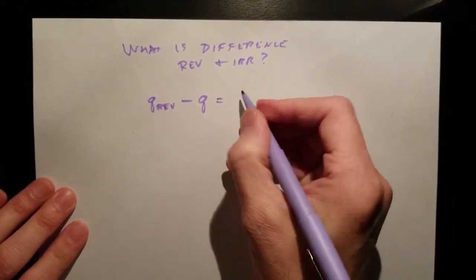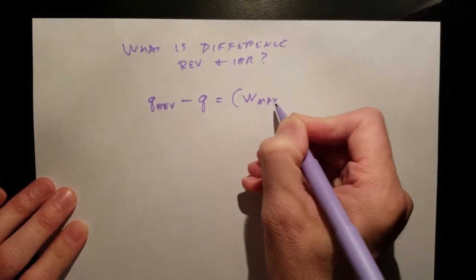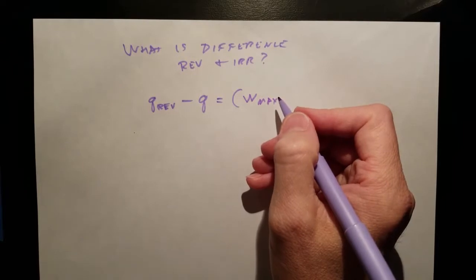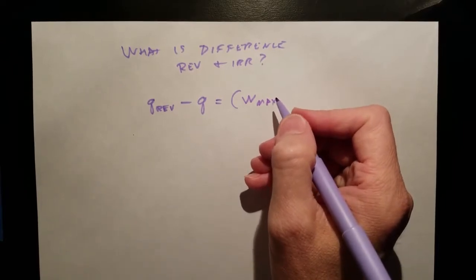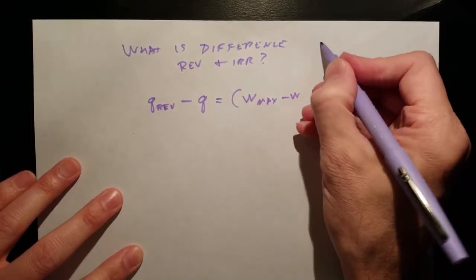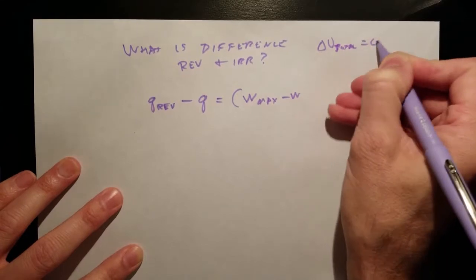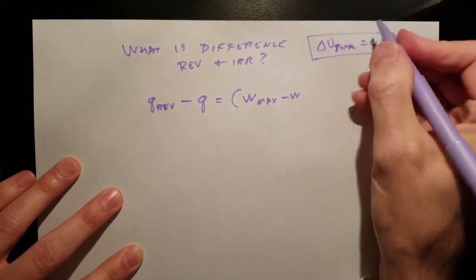So that is equal to W max minus W. And that's because delta U total is equal to 0.